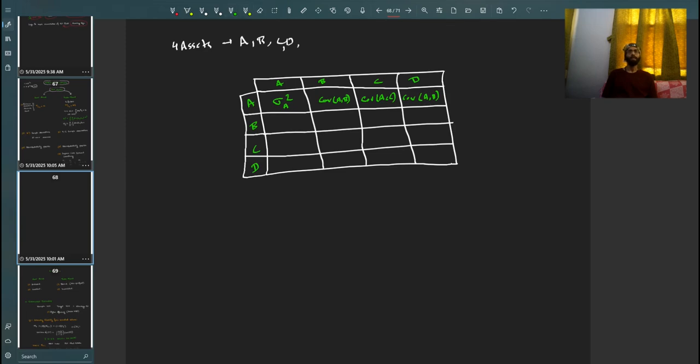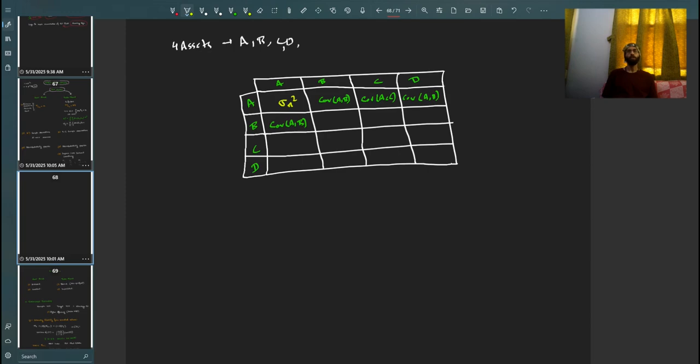Let me change the color of the variance a little bit. Let me give it a lighter green. Okay, so this is the variance. And in the second row, what will happen? In the second row, in the first box, we will have covariance of A with respect to B, right? Covariance of A with respect to B or B with respect to A, both are the same thing.